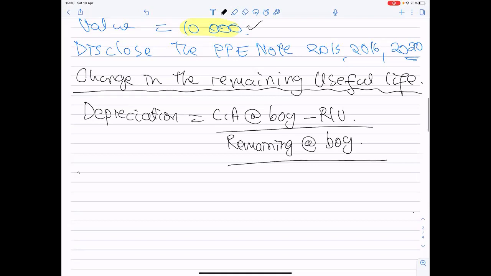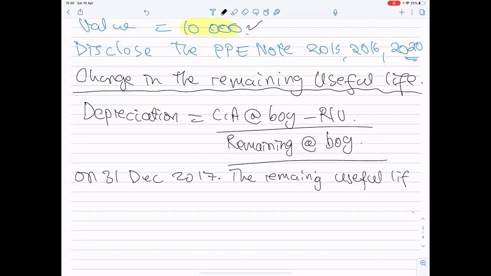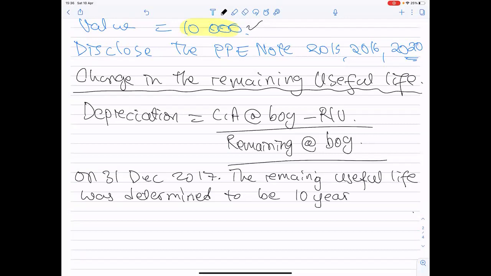Let's say that on 31 December 2017, the same example, the remaining useful life was determined to be, let's not use 10, it was determined to be 5 years.